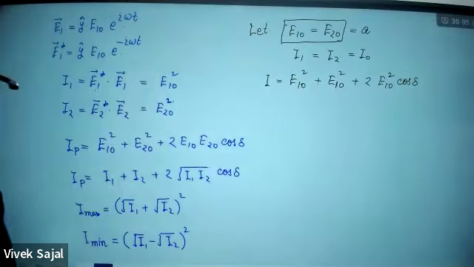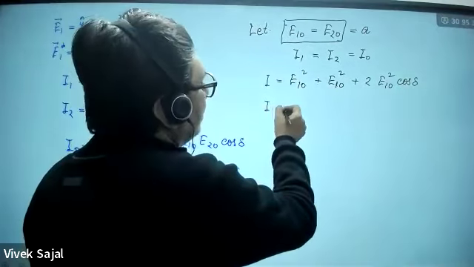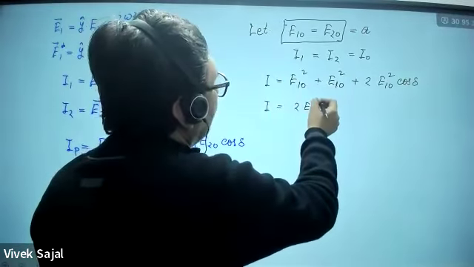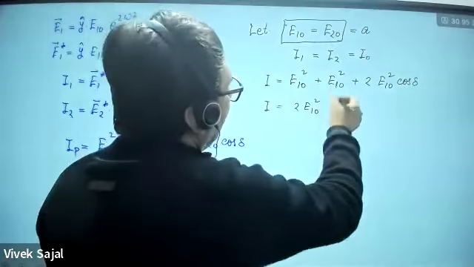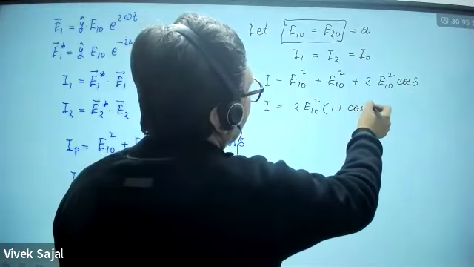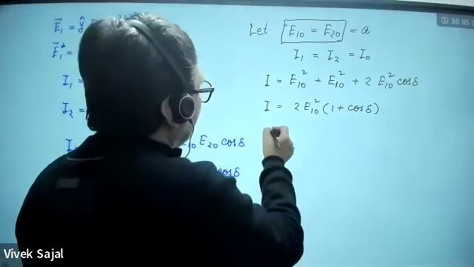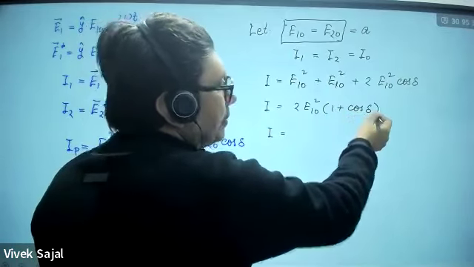So I, 2 will be common, E1 naught square will be common here, and this will be 1 plus cos delta.